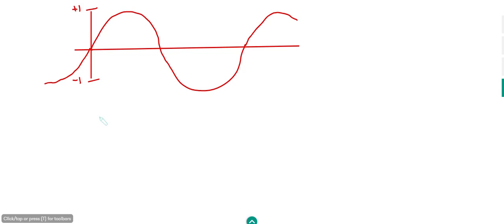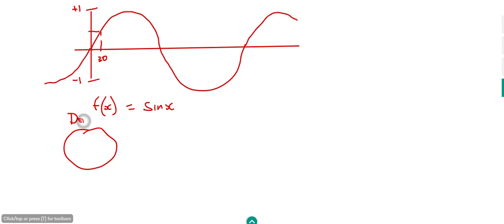So for this function, it would be f of x equals sine x, where x is the angle. So if we put in 30 degrees into our domain, and apply our function sine x, then we know, hopefully, that it's going to give us half.